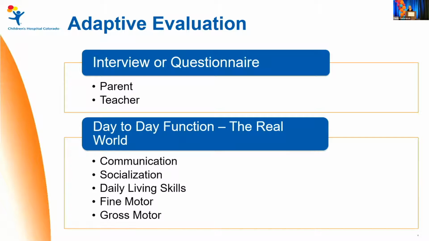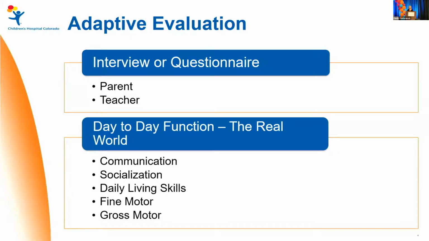But what we also do is look at adaptive function. And this is something that you may be doing periodically throughout your child's life, looking at how do they do day to day. So not just how they do in a strange room with 2 to 4 adults to 1 child, no distractors, but how they are actually doing in the real world.